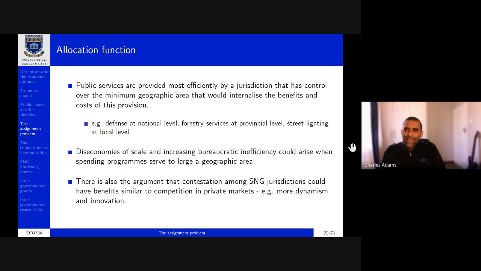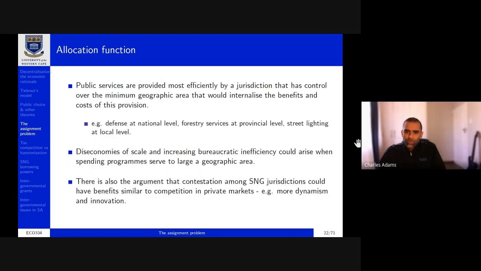And in that sense, similar to a normal market, you may give rise to competition across municipalities or across provinces, and this could promote better outcomes in general, because if one municipality sees another municipality doing something that is working, they might want to copy that. And if one municipality sees a different one doing something that is clearly not working, they could avoid that, right?